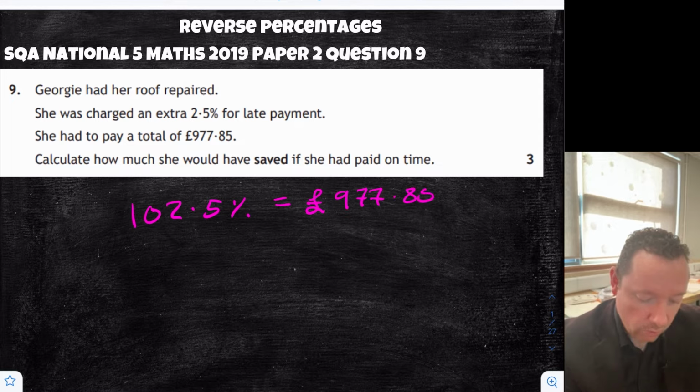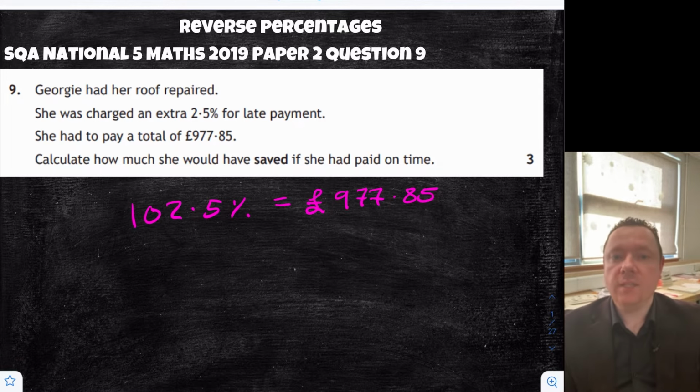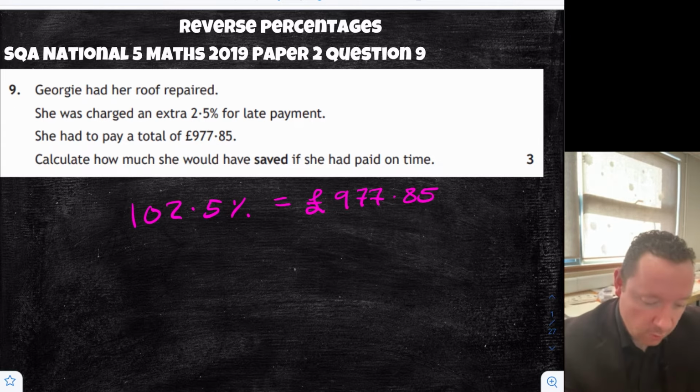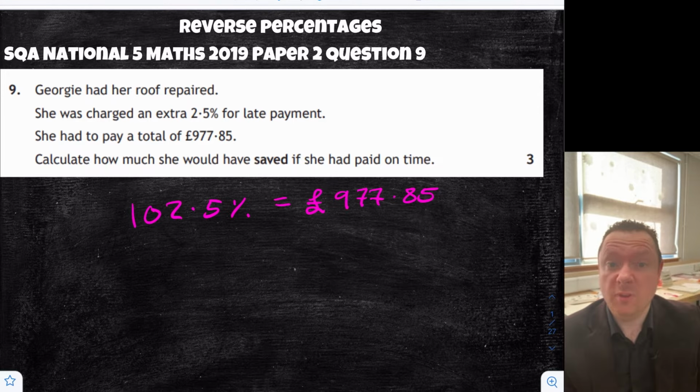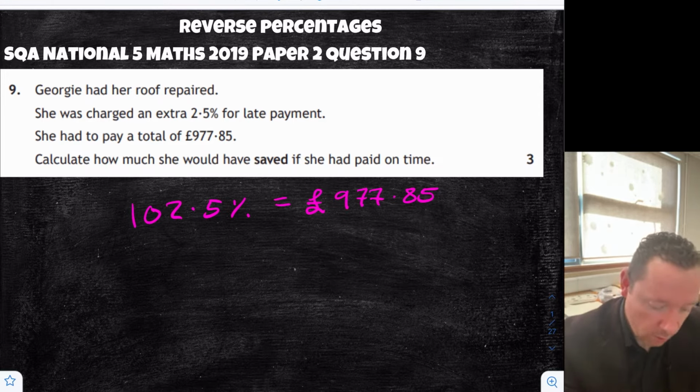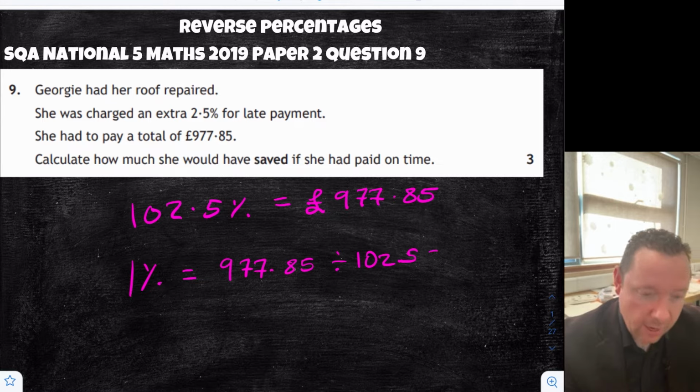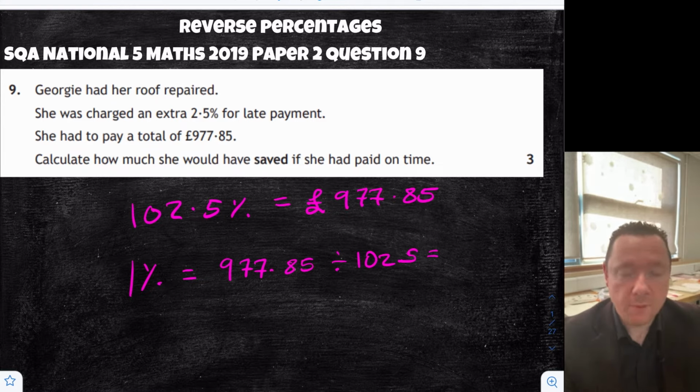£977.85. Usually we go down to 1% and back up to 100% because usually we want to know how much it cost before, but this time we need to read the question. How much would she have saved? We just need to work out what 2.5% represents. So to work out 1%, we get our calculator out and do 977.85 divided by 102.5, and that gives us an answer of £9.54.